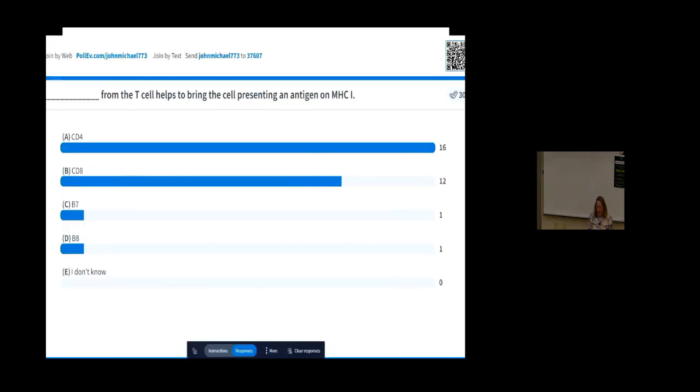That's pretty good. Okay, CD4, CD8, B7, B8. Just kind of all over the place a little bit. Most of you said CD4. That makes me sad. That's wrong.